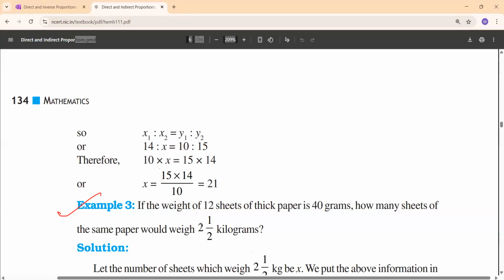Okay, I see. Just a minute. So the question is, if the weight of 12 sheets of thick paper is 40 grams.